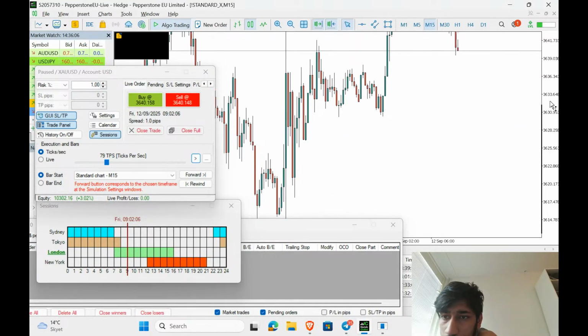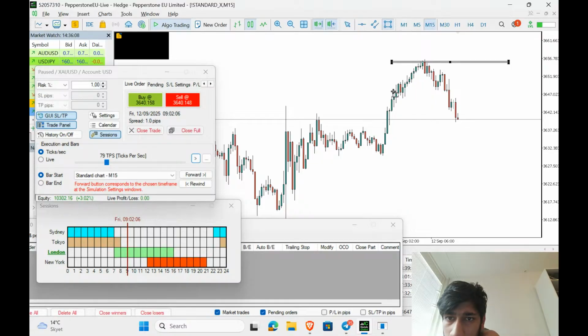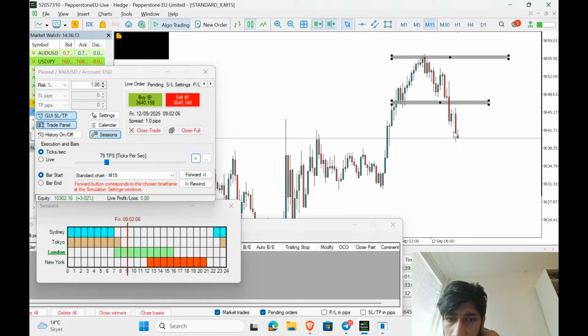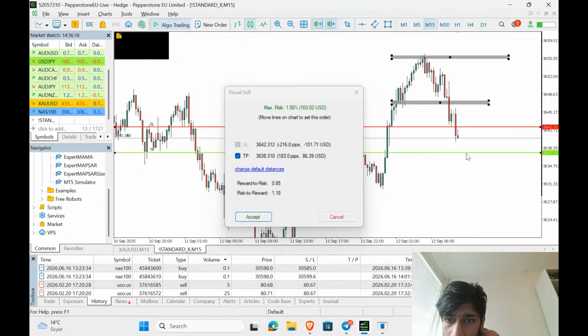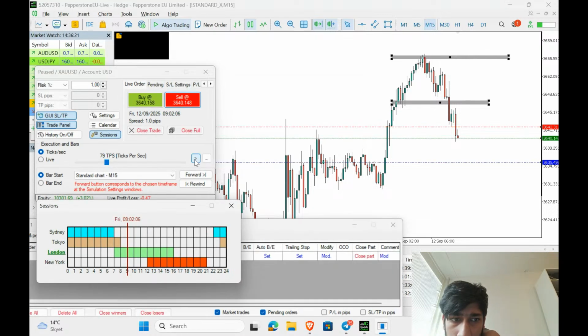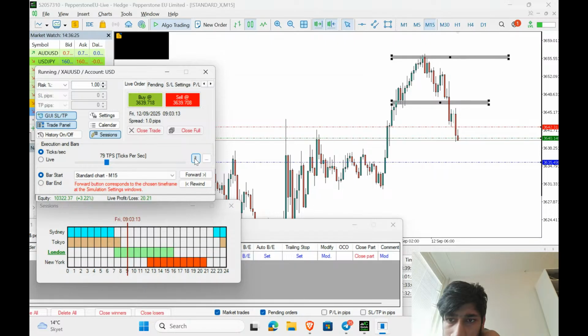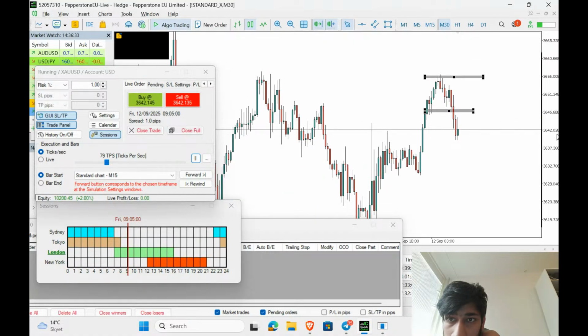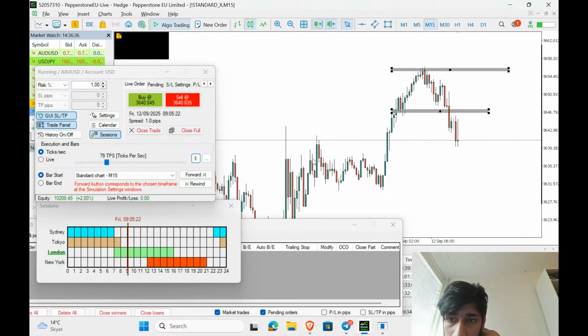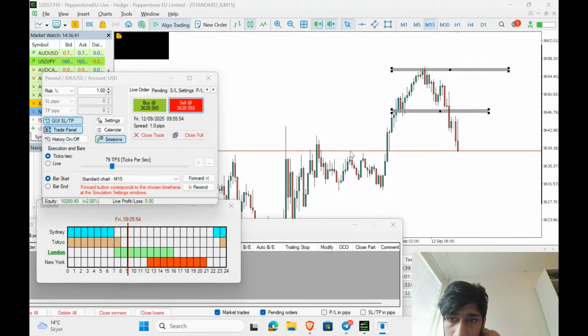This is also a perfect sell because we formed support, we came down, we formed support, broke below the low, 1% sells, stop loss, take profit. Sell.